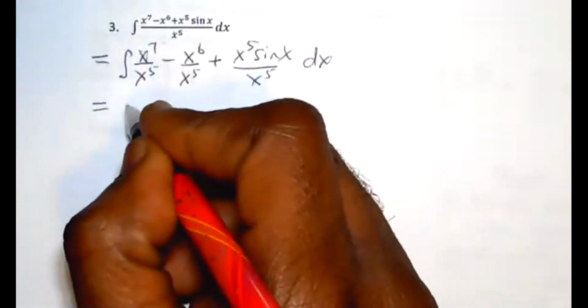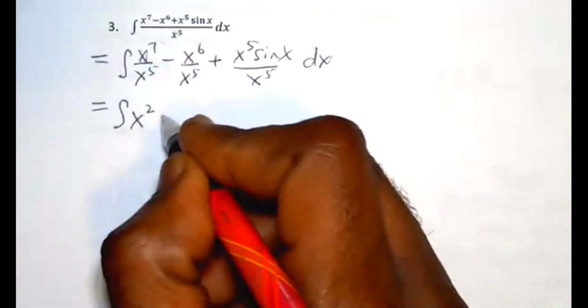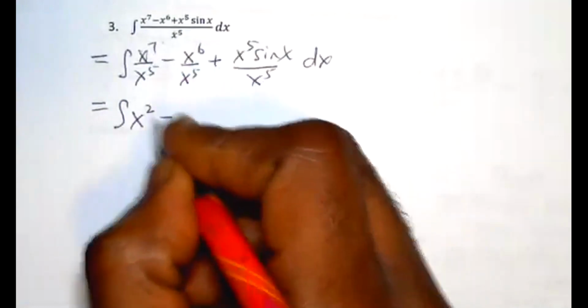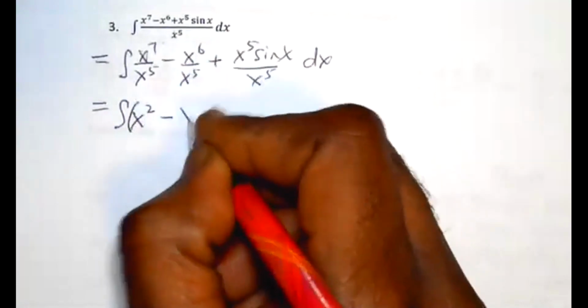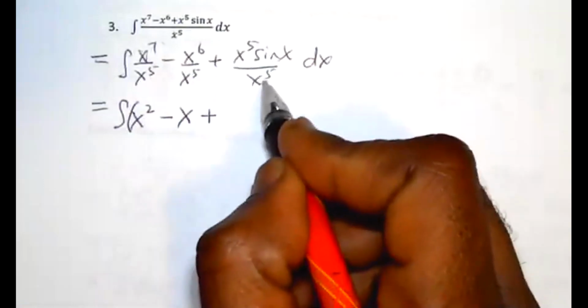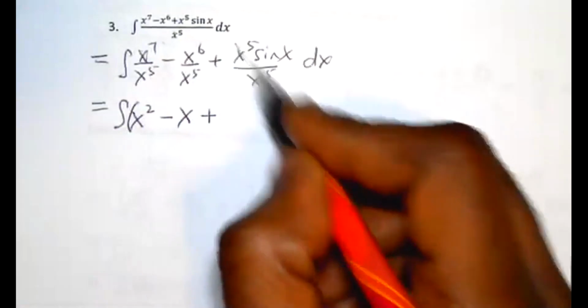This gives us integral of x squared, 7 minus 5, minus integral of, let's simplify this first. Then this will give us x, 6 minus 5, plus, now x to the power 5, x to the power 5, so this can cross out.